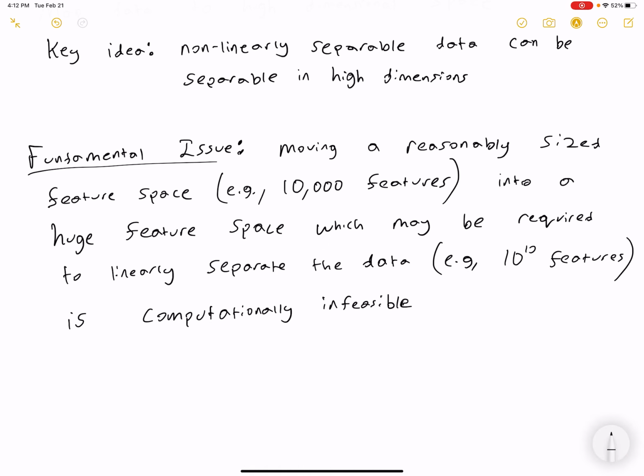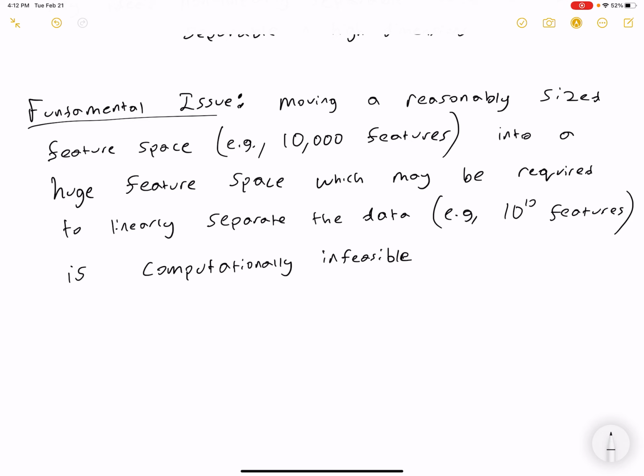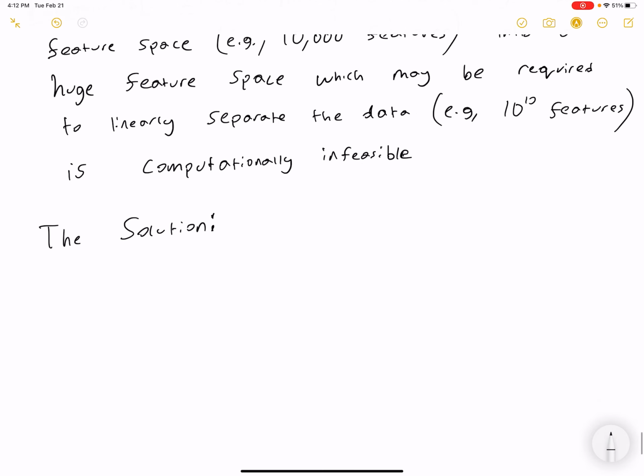So while mathematically it can be good to do that and you could find a separating boundary, computers can't do it. So the solution to this issue is called the kernel trick.